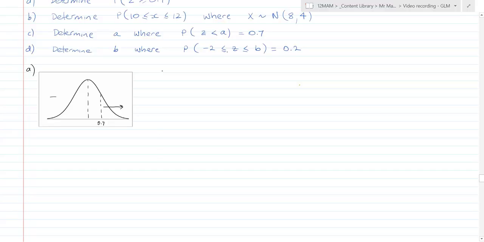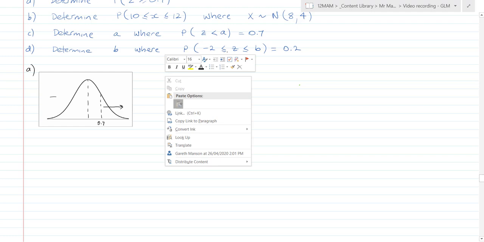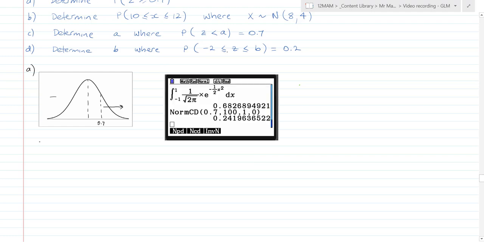And so the answer to A, the probability that z is greater than or equal to 0.7 is equal to 0.2419 or 0.2420, and our syntax says that's the lower bound, that's the upper bound, that is sigma, and that is mu. And there's our syntax listed out.